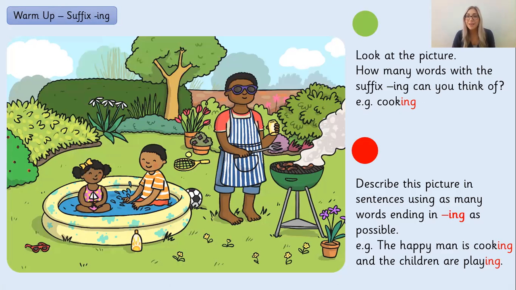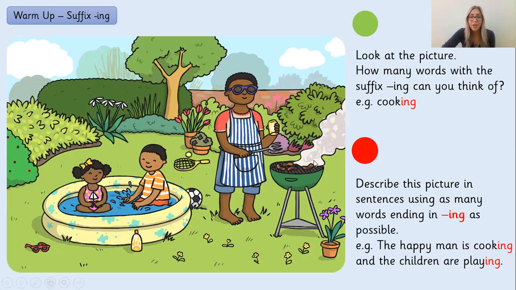So let's have a little look at this picture, and there's lots of things that are happening in this picture. If you are going to do a green challenge, you are going to look at the picture and write down as many words as you can think of with the suffix ing on the end. So for example, cooking, or the children here are splashing.